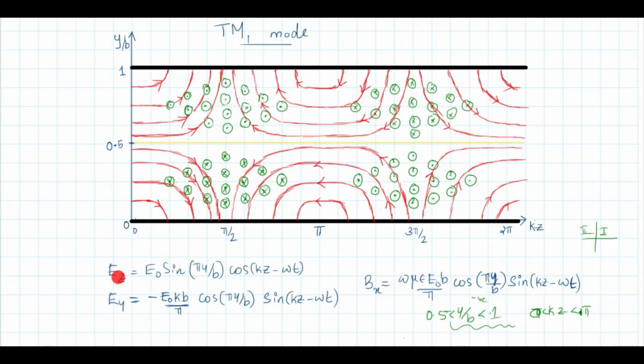Now, what about electric field? Consider the Ez value. Between 0 and 0.5 for y by b, and kz between 0 and pi, this sign is in the first quadrant, it is positive.